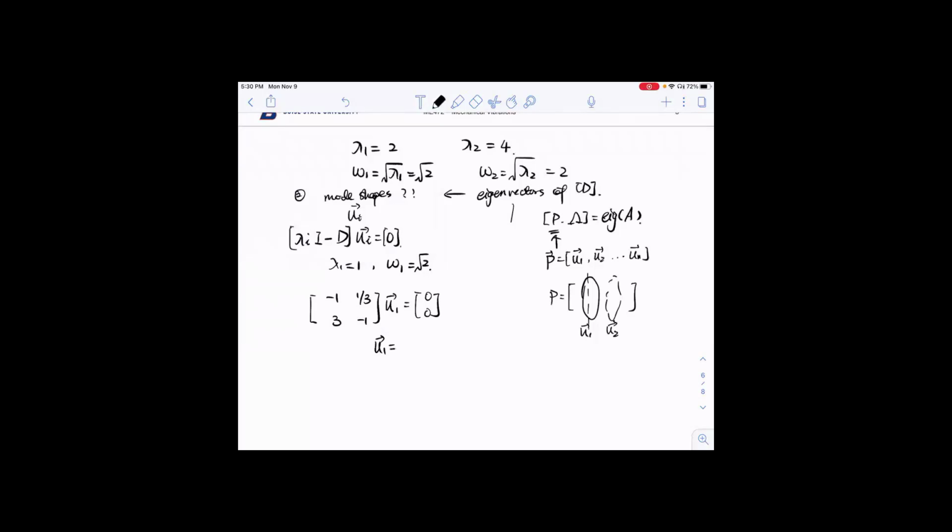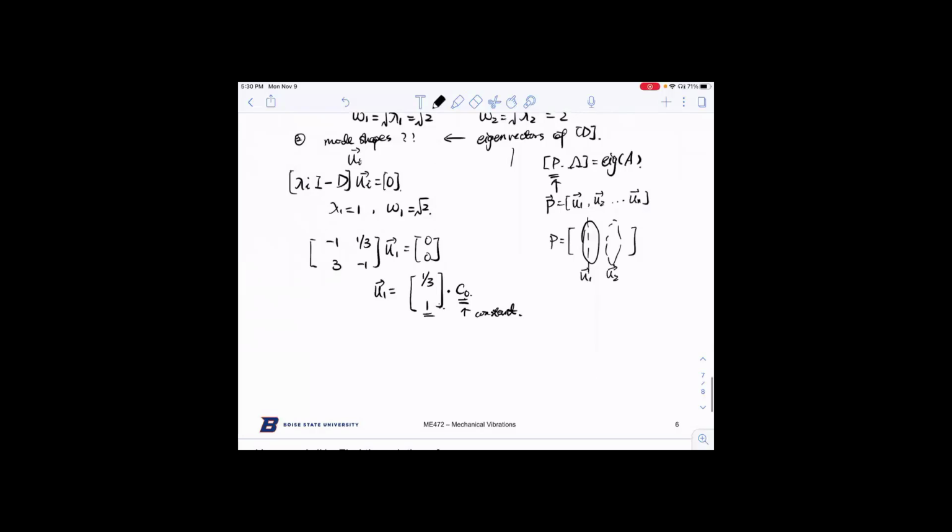You can see that there is no unique solution for U1. There is actually more than one solution. In this case, that's one solution, where C0 is just a constant. As long as it's C0 times this, you have a solution. So that means your eigenvector is not a unique vector. It's actually a group of vectors.